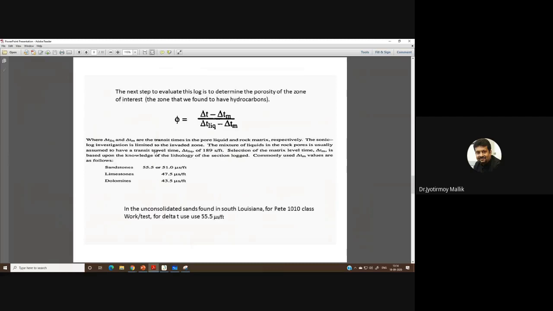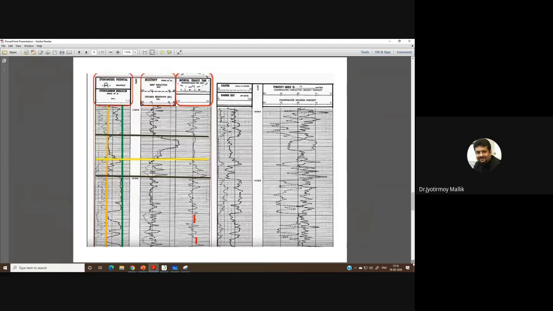Delta T liquid is where it is completely filled with fluid, which represents 100% porosity. So the bottom is 100% porosity delta T minus 0% porosity delta T, and at the top we have the delta T that I am measuring minus the delta T of the matrix, the 0% porosity.